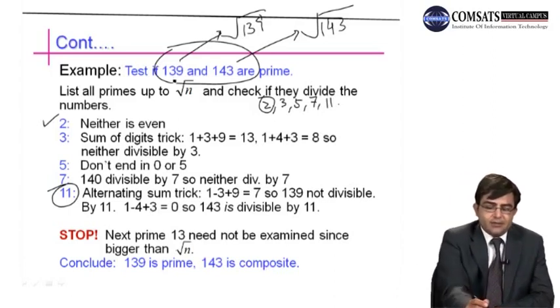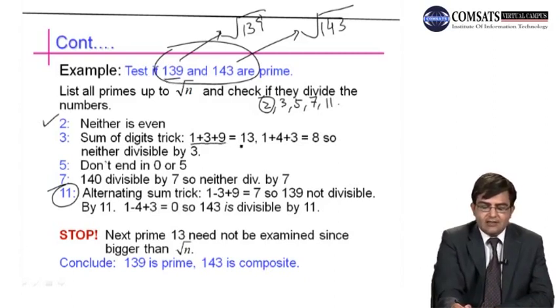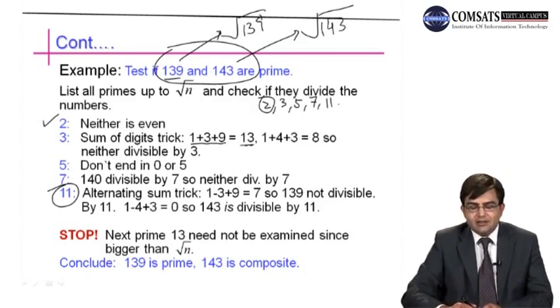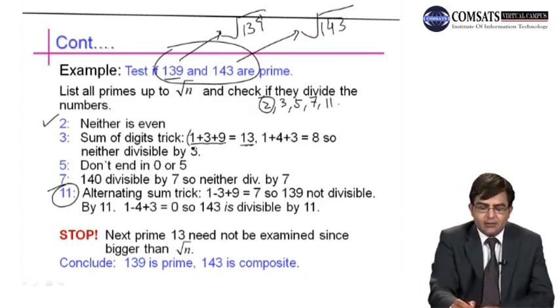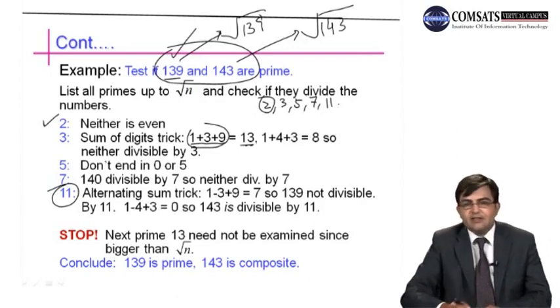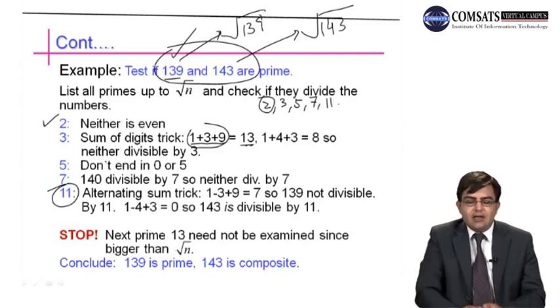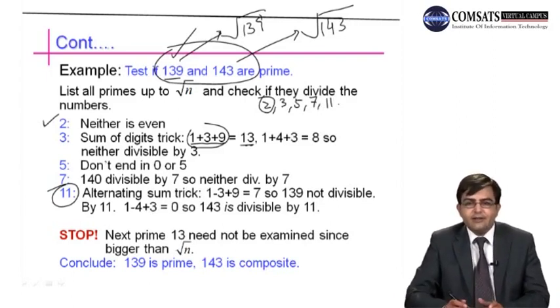If we sum up the digits of the number 139 and the resulting number is divisible by 3, then this number 139 is divisible by 3. This is another result in number theory, which holds for division by 3: any number is divisible by 3 if the sum of its digits is divisible by 3.